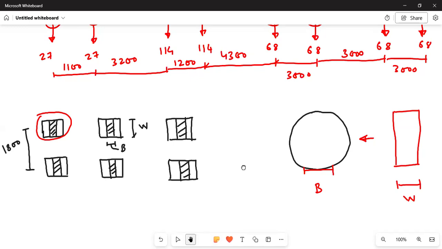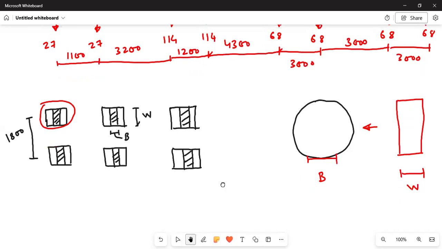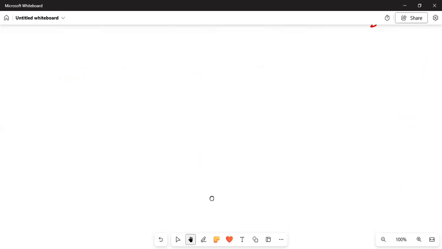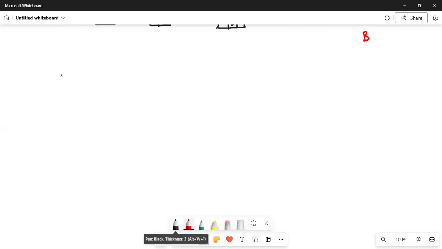Okay, now I told you B will be different for different loading, B and W. B is the distance of the contact surface, and W is the width of the tire. Okay, for axle load, I will show you. This is the axle load that we have.